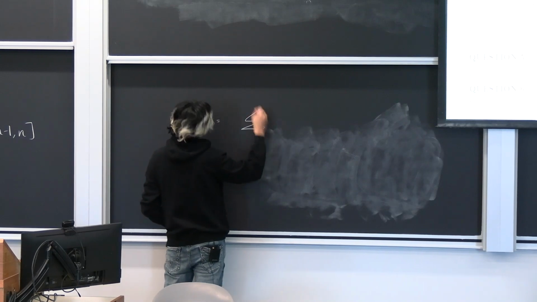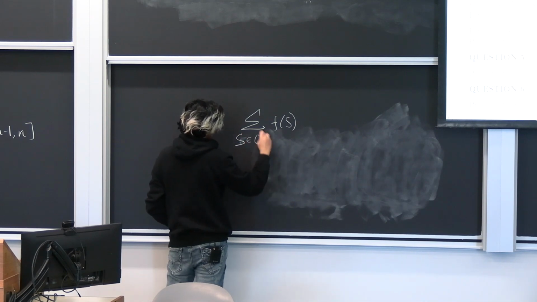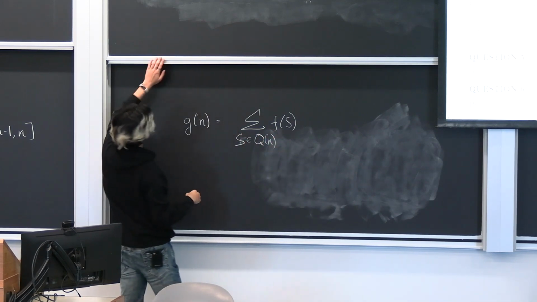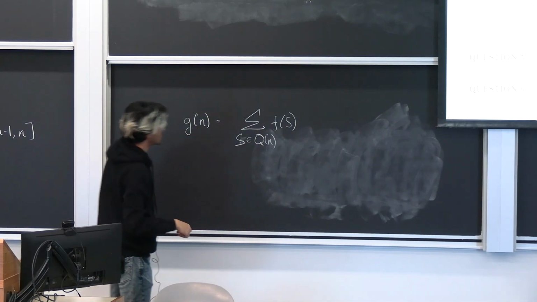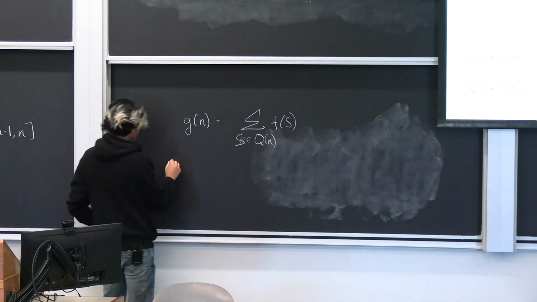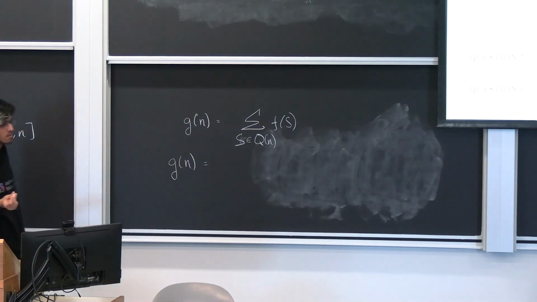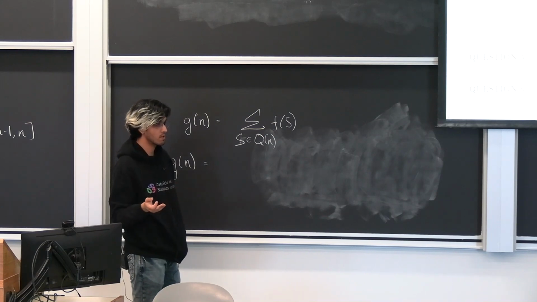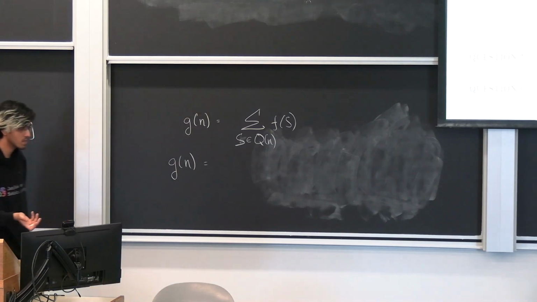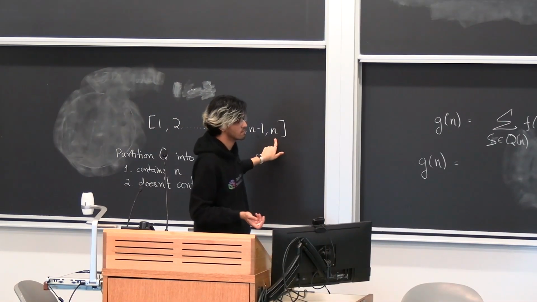G of n is the summation of f of s, where s comes from Q of n, where Q of n was defined as the set of non-consecutive subsets of 1 through n. So if we break it into cases, what can we say about g of n? G of n contains all non-consecutive subsets of 1 through n, which include all non-consecutive subsets of 1 through n minus 1. So it's the case where we're not considering n at all.